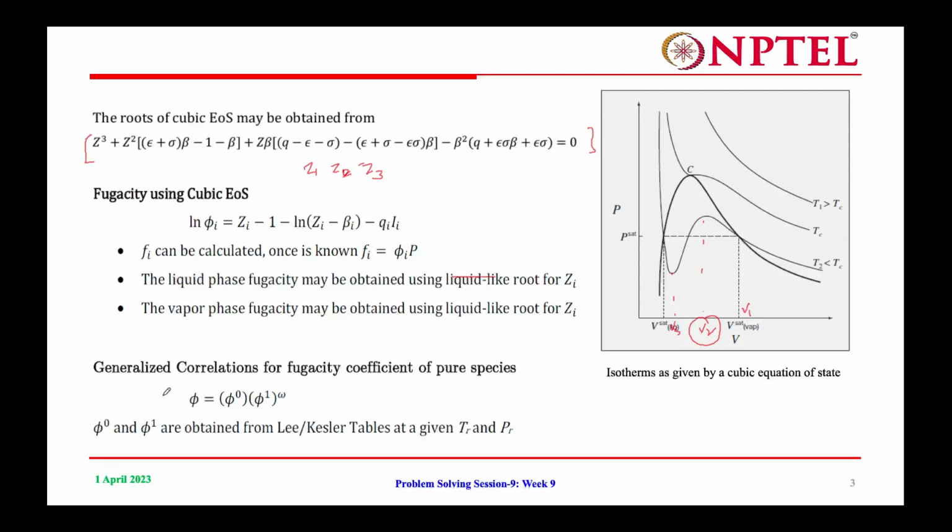Now, to calculate the fugacity coefficient of a pure species, this is a generalized correlation: phi equals phi0 into phi1 raised to omega, where omega is the acentric factor. Phi0 and phi1 are obtained from the Lee-Kesler tables at a given reduced temperature and reduced pressure.